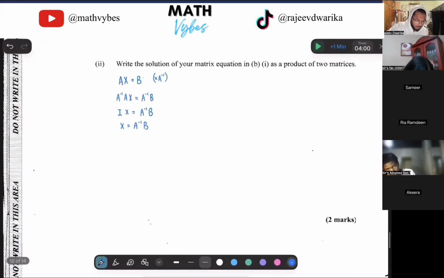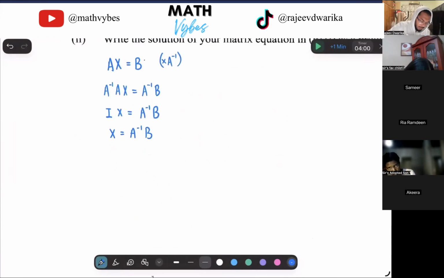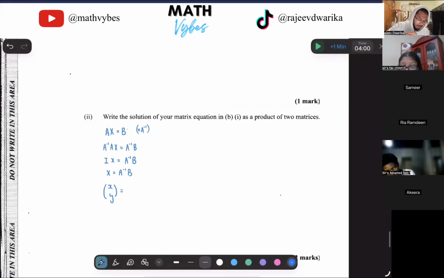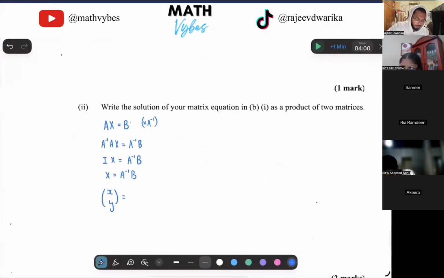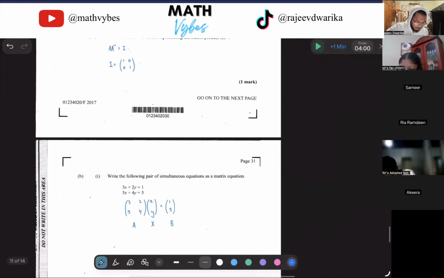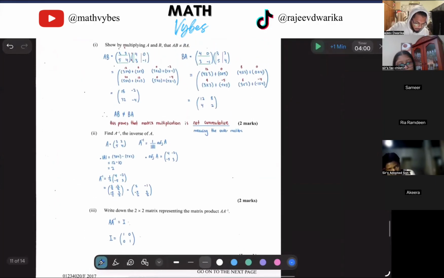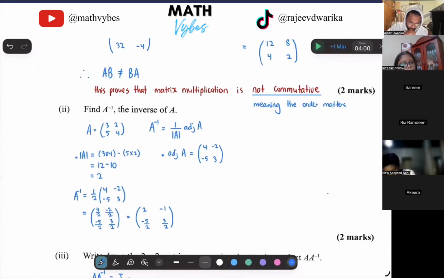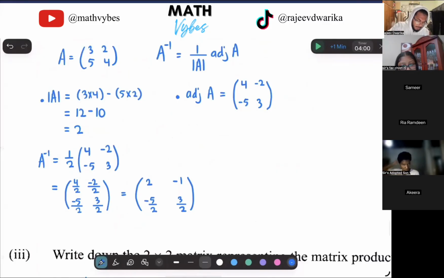XY. Right? And that is going to be equal to A inverse. Do we know what A inverse is? Did we find that anywhere else in the question? Yeah, this is A inverse right here.